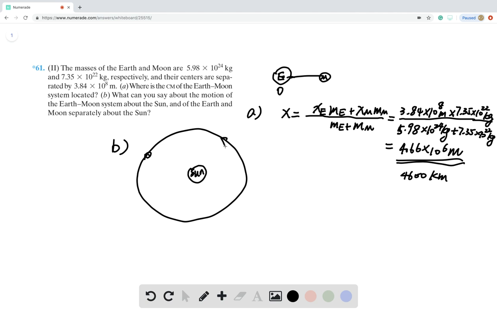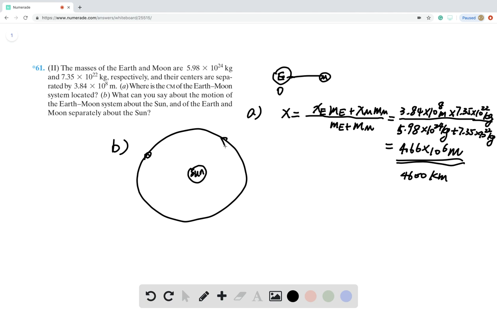Of course, when we observe it, it does not make a huge difference because the center of mass of the Earth-Moon system is still inside the Earth. So when we talk about the Earth and Moon separately about the Sun, the Earth is still roughly doing a circular motion around the Sun.